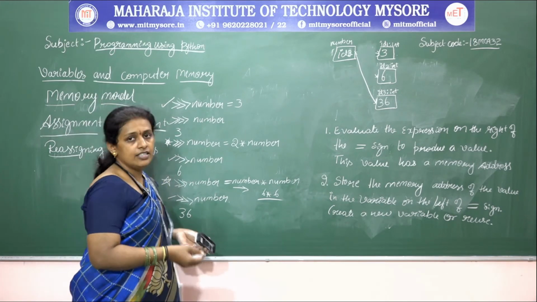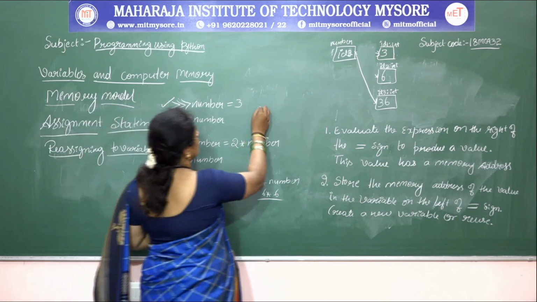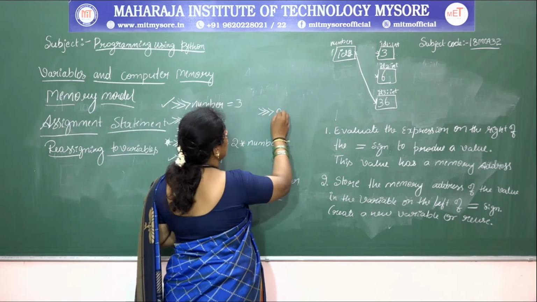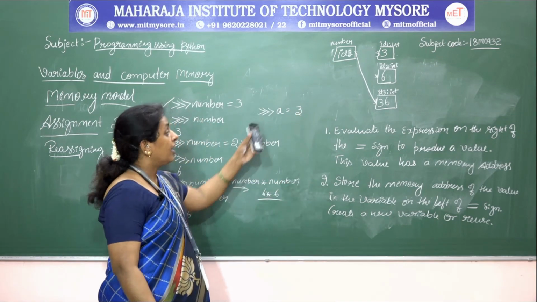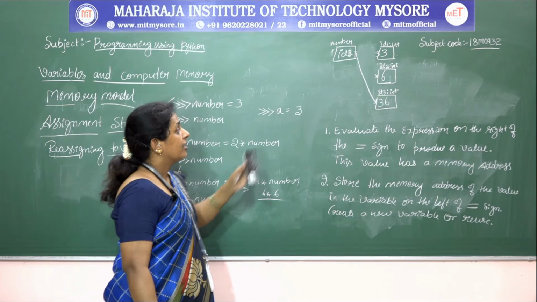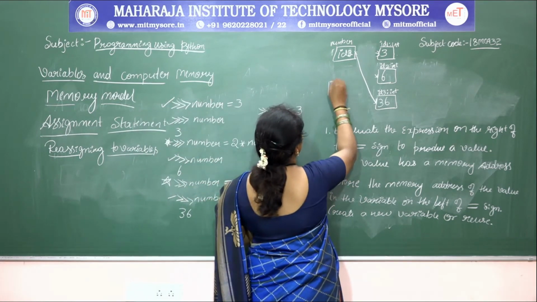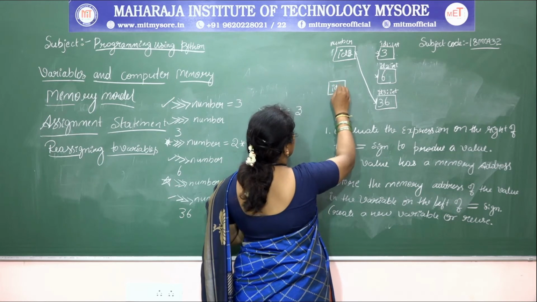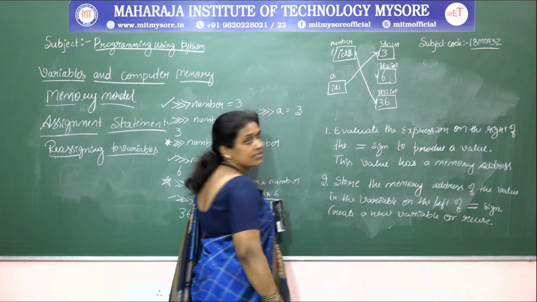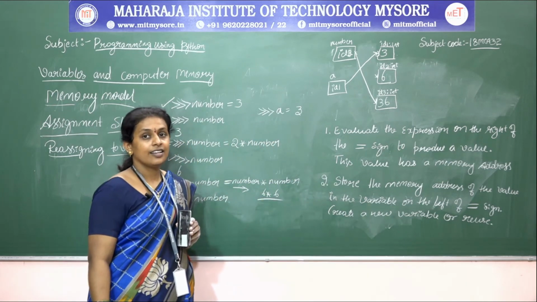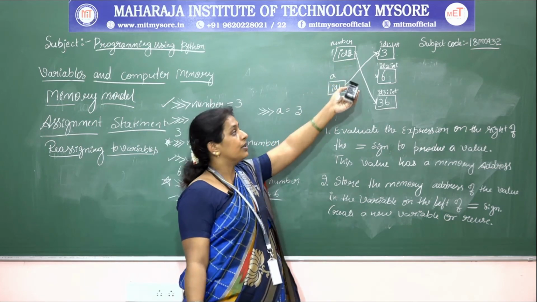Okay. Just for curiosity, if I give a equal to 3, then the memory model of this will be like this: IDE1 with respect to a, like this. Okay. So when I execute this, it will point to that number.